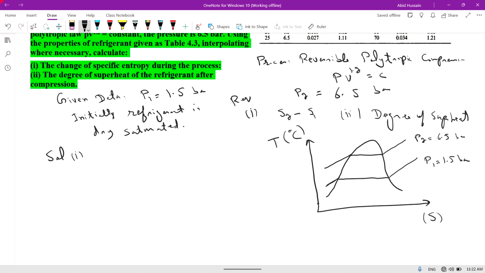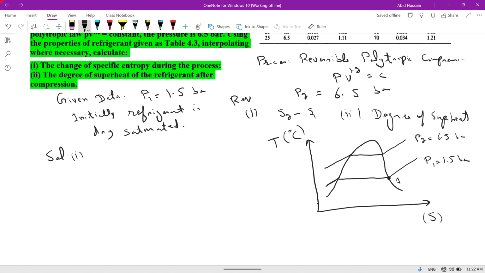Now, initially it is dry saturated. Dry saturated means it will be on the saturated vapor line. So this is state 1, on the saturated vapor curve, so the initial state will be here. For the final state, the degree of superheat is required, which means the final state will be in the superheated region. But we can also confirm this if we find V2.